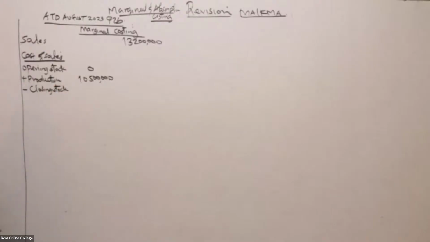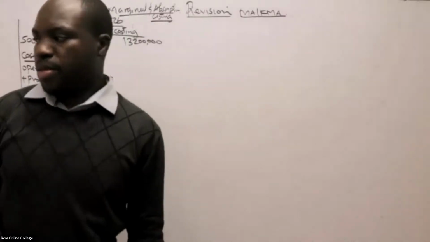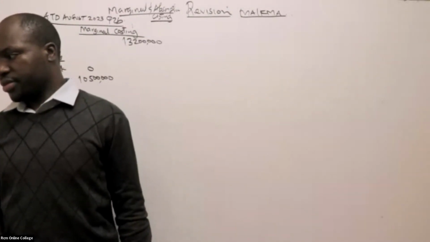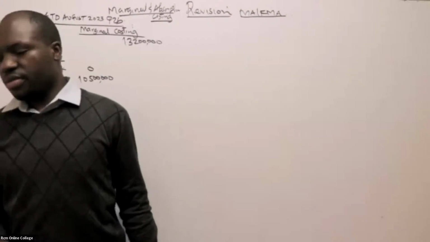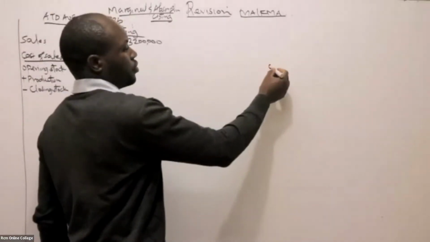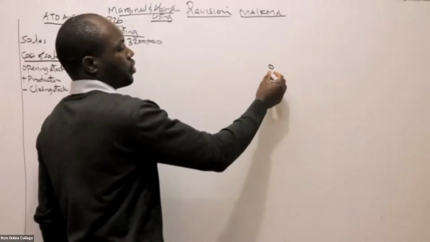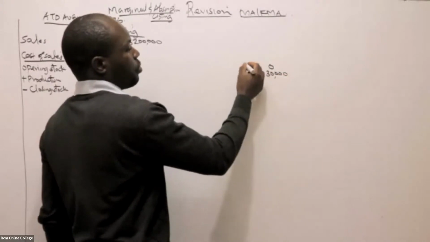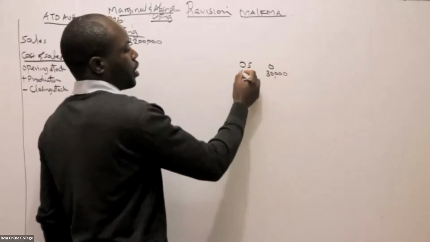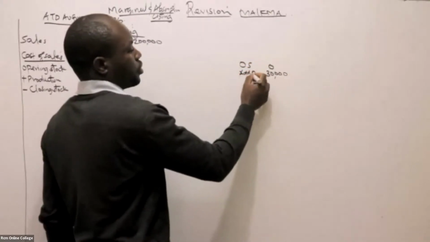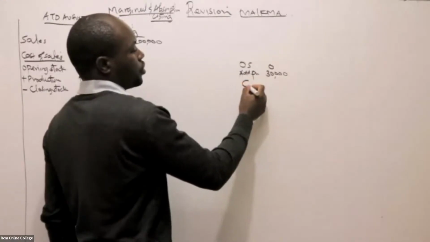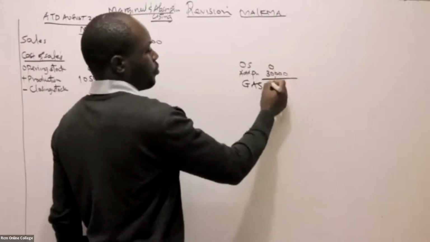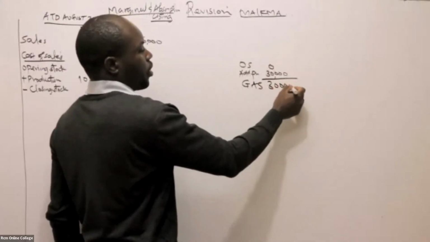How many units do we have as the closing stock? What is the quantity of closing stock? So opening stock is 0. Add production of 30,000. It gives us goods available for sale, which is equal to 30,000.